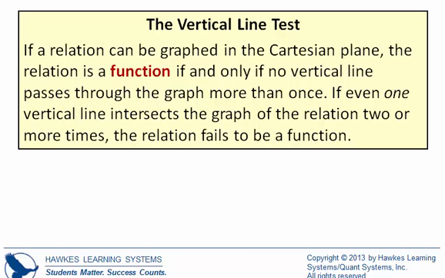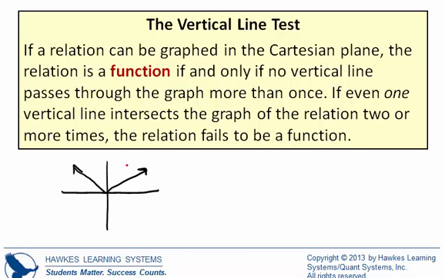What this is saying is, if you have the graph of a function, for example, let's suppose that our graph looks like this. The vertical line test says that we are to draw a vertical line, and if that vertical line passes the graph in only one place, then it is a function.